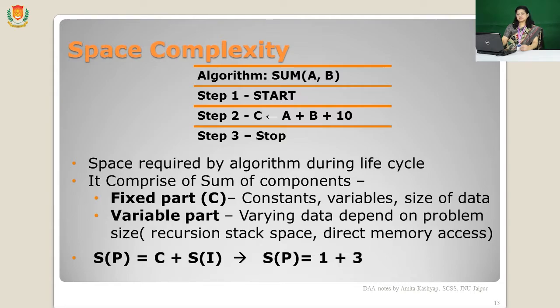Here for this example, the space complexity of these 3 steps will be 4. 1 is fixed because we have data as a number 10, which takes 1 unit, and 3 is computational: we take 3 variables A, B and C. These all take 1 unit each. So 1 plus 3, the complexity is 4.